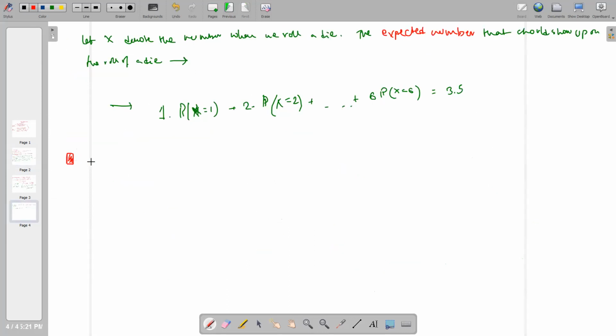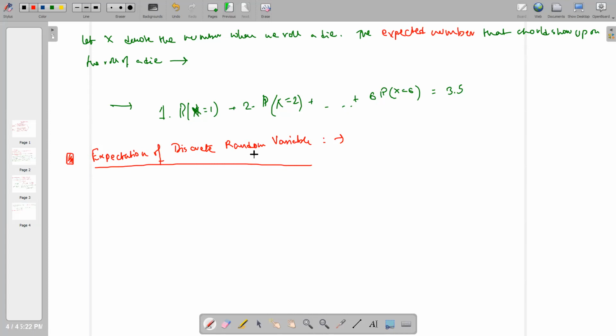Now we need to define expectation of a discrete random variable, right? So expectation of a discrete random variable is sigma x into p of x.